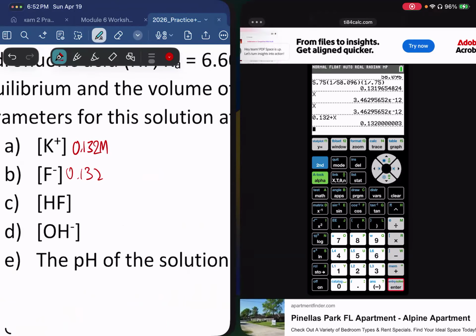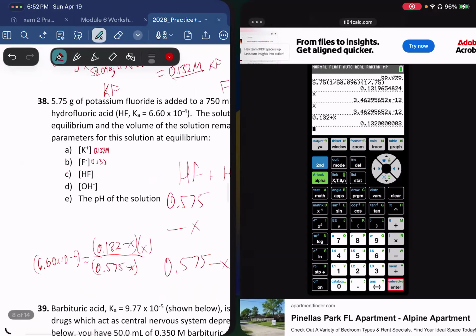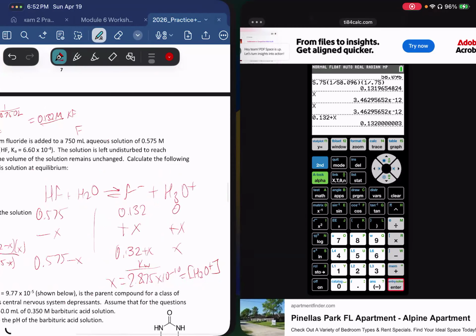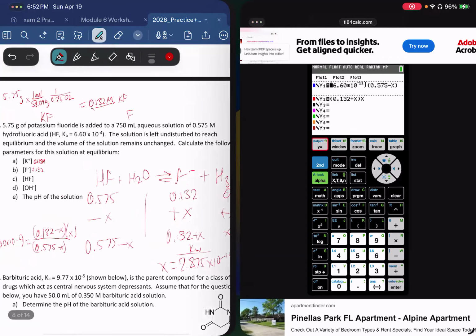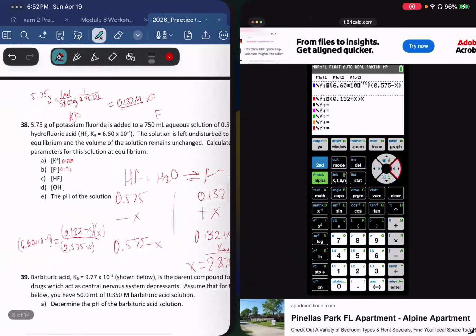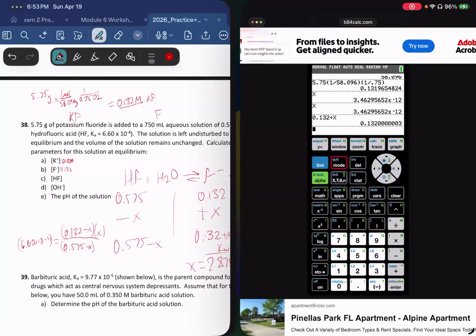Why did I get such a, wait. Oh, that's my fault again. This is supposed to be 4. A lot of the mistakes I'm making are because I'm plugging in wrong, or the approach might be wrong. So let me redo this.